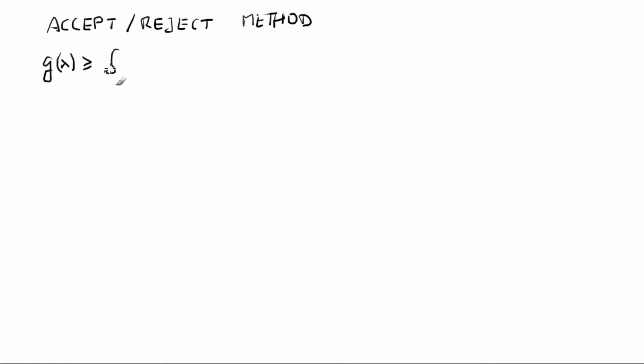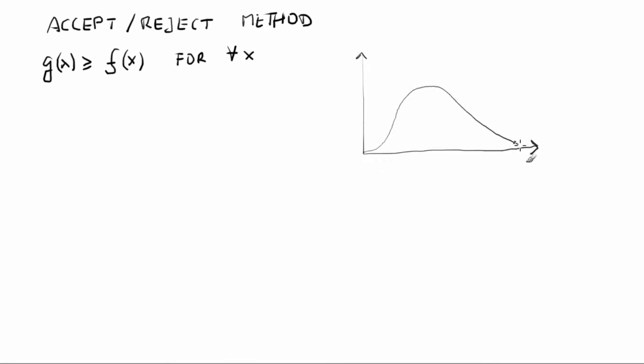Another method for generating draws from any probability density function is the accept-reject method. We can use it if we are unable to construct the inverse of the cumulative distribution function. First, we need to find some function g that is always larger than our probability density function f. For example, g can be the supremum of f.